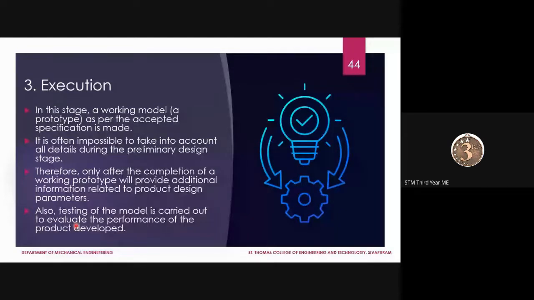These are all coming under the execution phase. So we are creating a working model, that is a prototype, and also testing the model to evaluate the performance of the product developed.